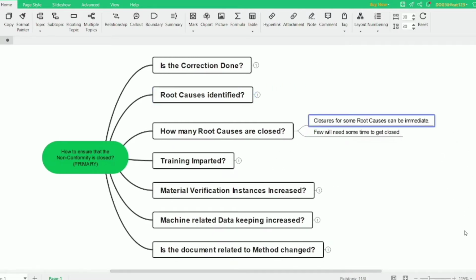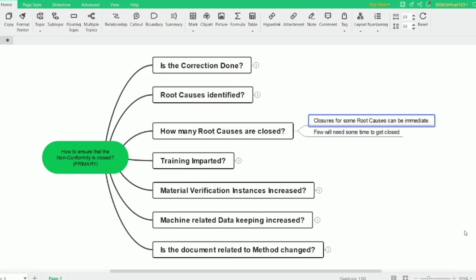Some root causes may have immediate closure. That is, if the part is fabricated within 7 days, on the eighth day it should get installed on the machine on which we got an NC, right? So the correction is done. Now the root causes: how many machines are such where there are no guards?